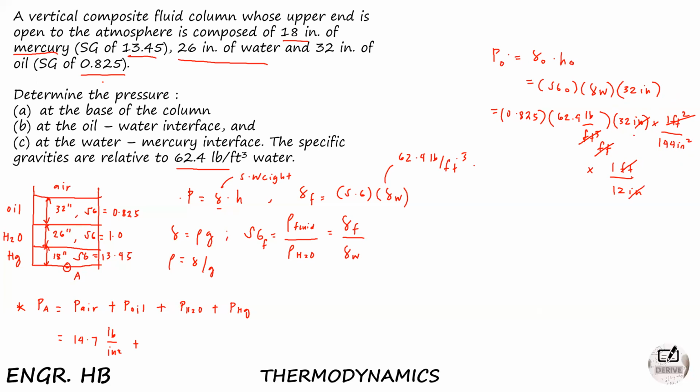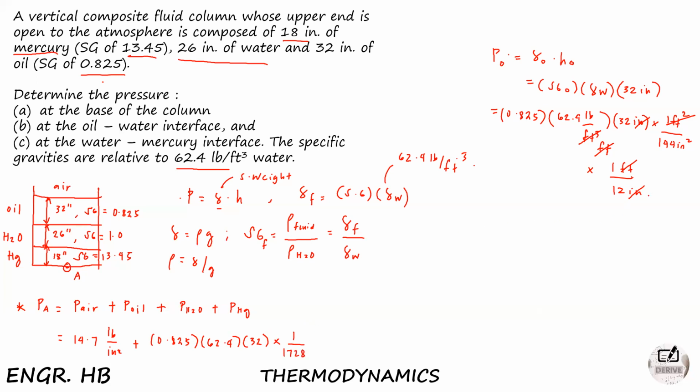So, that will become pounds per square inch. Ilalagay natin dito, that was 0.825 times 62.4 times 32 times 1/144 times 12. So, we may say that is 1728.